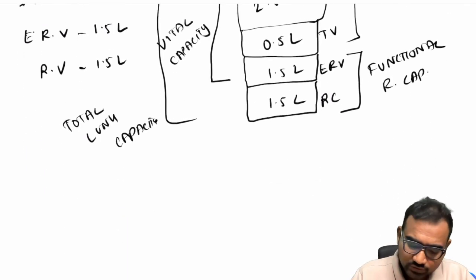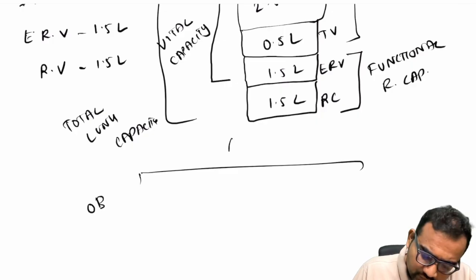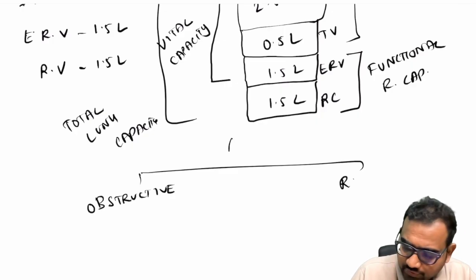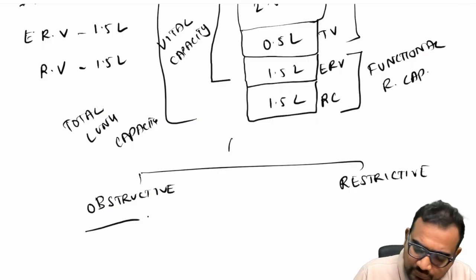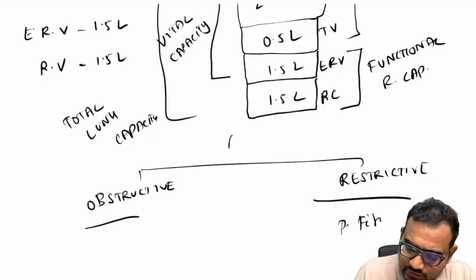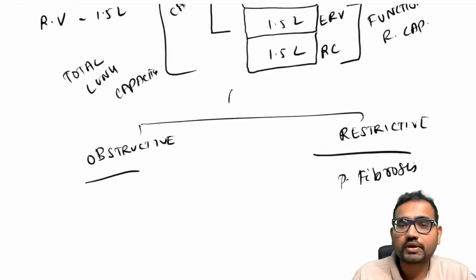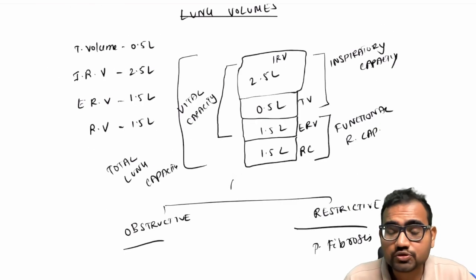We all know that there are two types. Either it can be obstructive or restrictive. Restrictive means, for example, pulmonary fibrosis. A patient comes to you with pulmonary fibrosis. What happens?